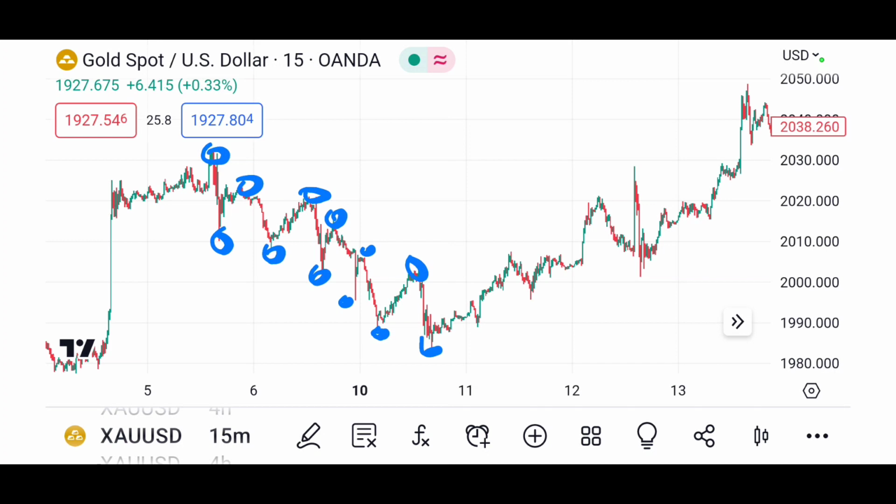All right, so then we have our break of structure here, break of structure here, break of structure here, break of structure here, break of structure here. So we have our break of structures and our highs, our lows, our lower highs, and our lower lows.